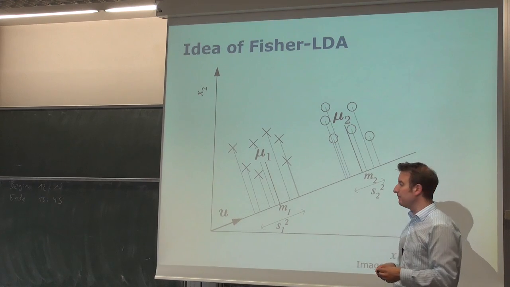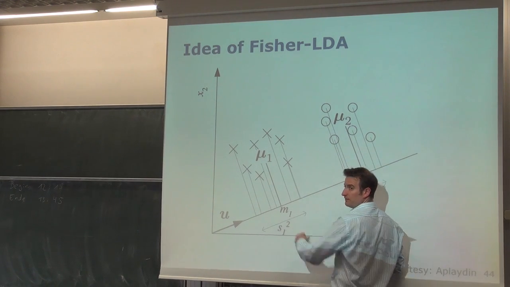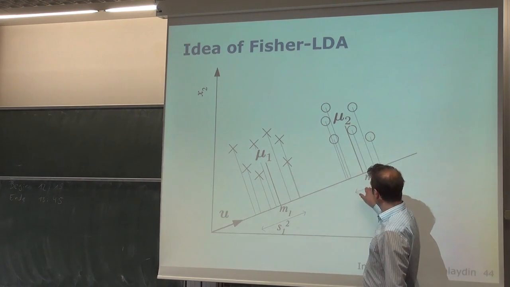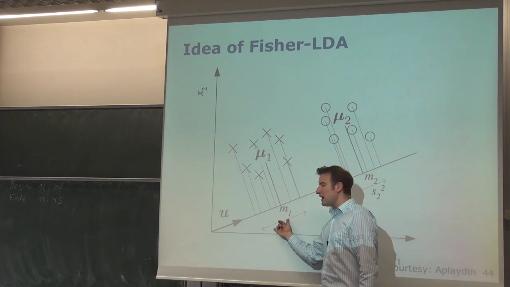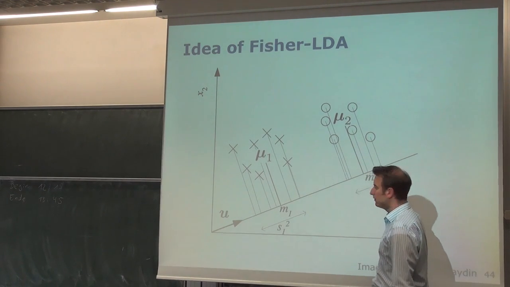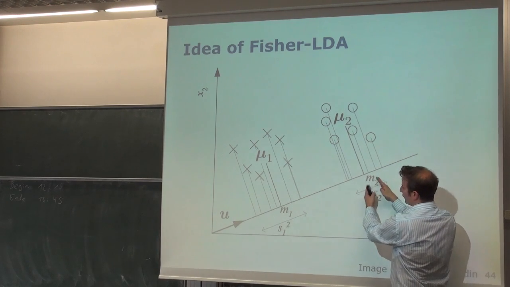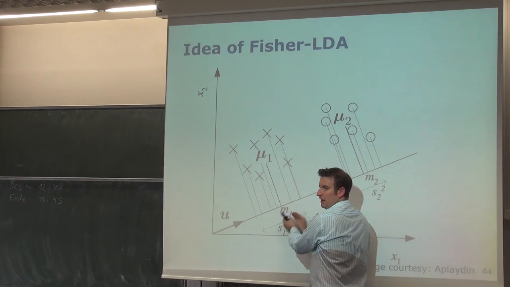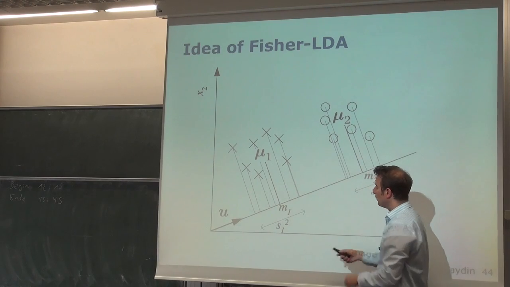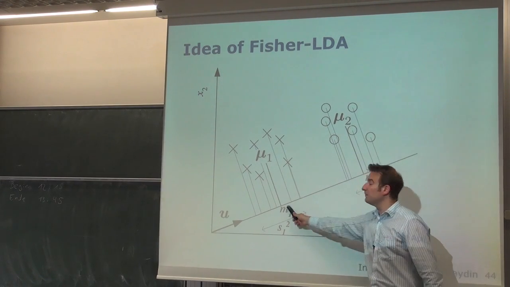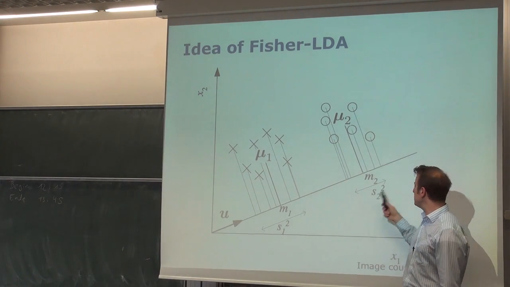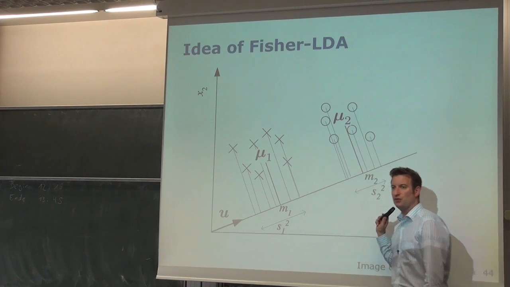At the same time, I have to look into the spread. I want to minimize the spread in each class. The smaller this gets, the closer the points go to the projected mean, and the better they should be separated. So maximize the distance between M1 and M2 and minimize S1 and S2.